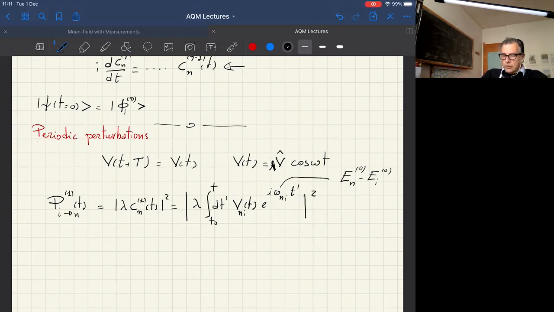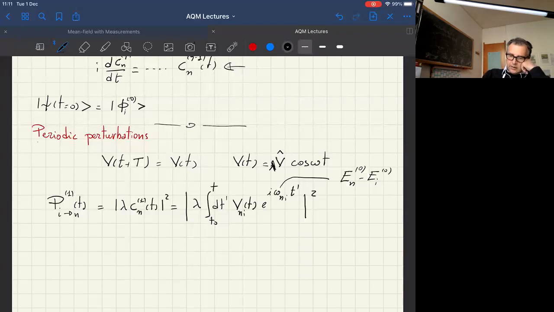The only thing I want to do is just to compute this expression for the case of periodic perturbation.